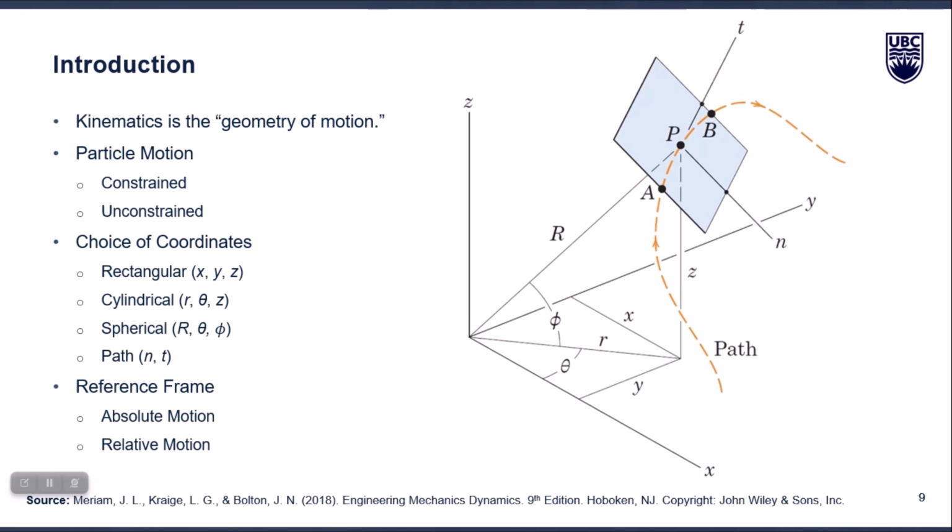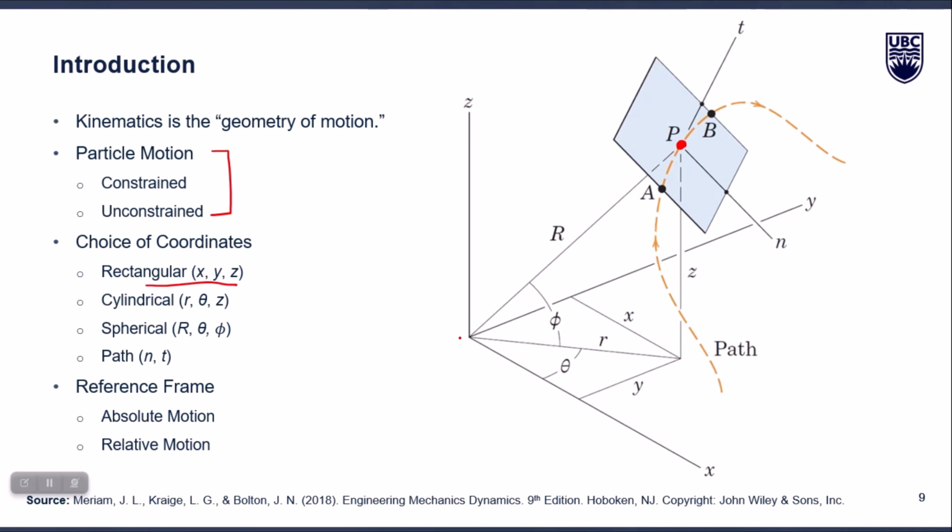So just to summarize that whole discussion, for example, if we have a particle P here, which is moving from A to B, right? First of all, that motion can be either constrained or unconstrained. Secondly, the position of this point P can be described using the rectangular coordinate system.